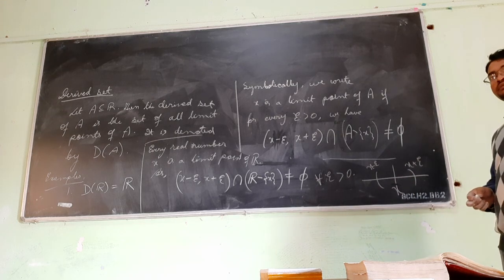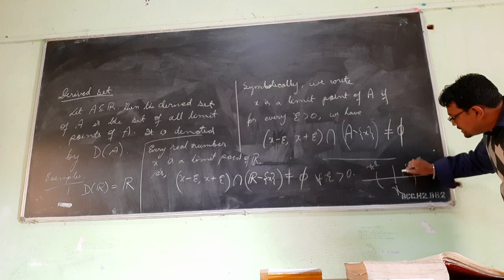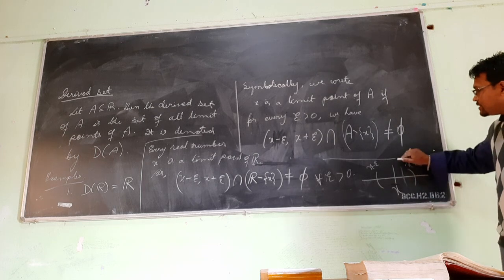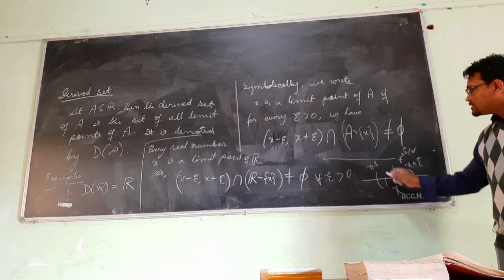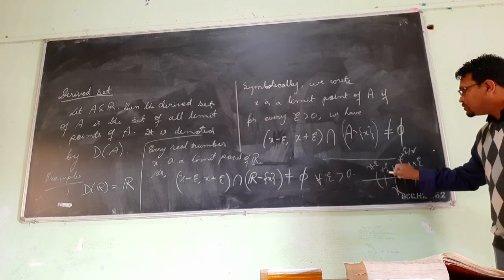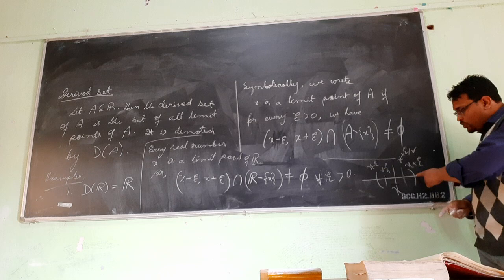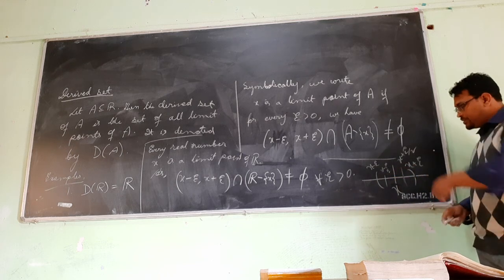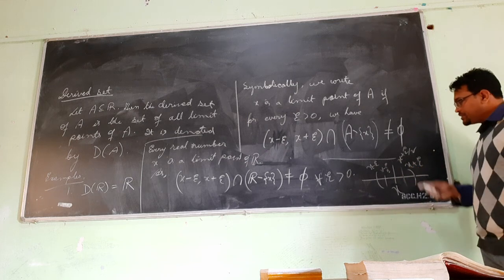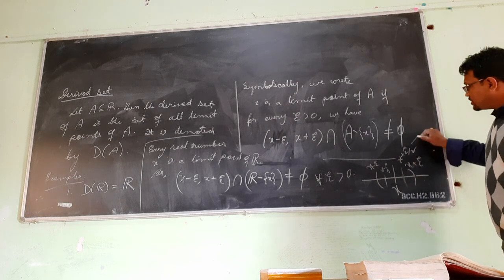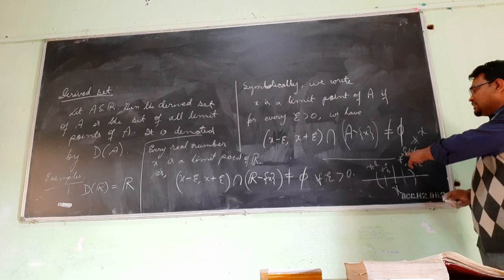You take some point here, something like x plus epsilon by 2, or say x minus epsilon by 2. x plus epsilon is not a point here because it's an open interval, but easily we can find other points inside this interval. This x plus epsilon by 2 is not equal to x because epsilon is non-zero.